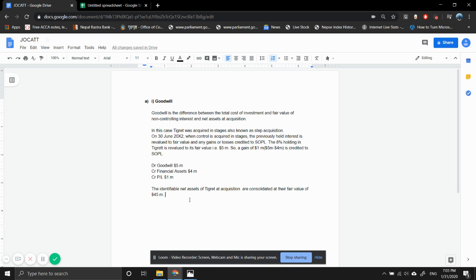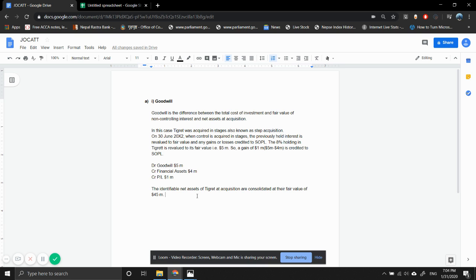So what this basically means is that when we are acquiring any assets, the assets are fair valued, I mean, you are valuing it at fair value, so it might be greater than the carrying amount, right? That might create a deferred tax liability.